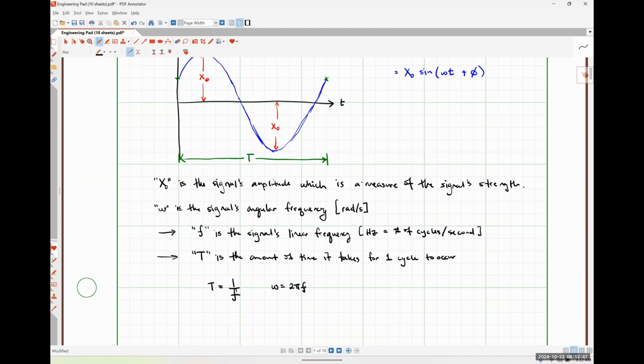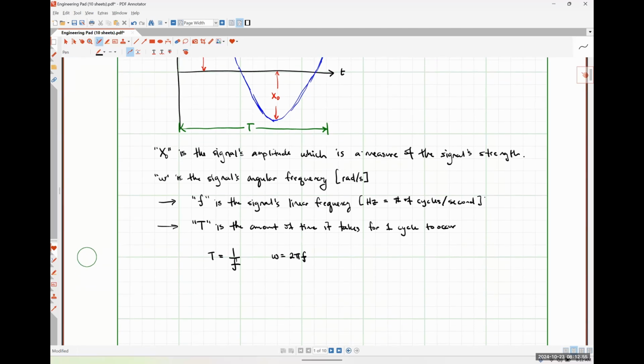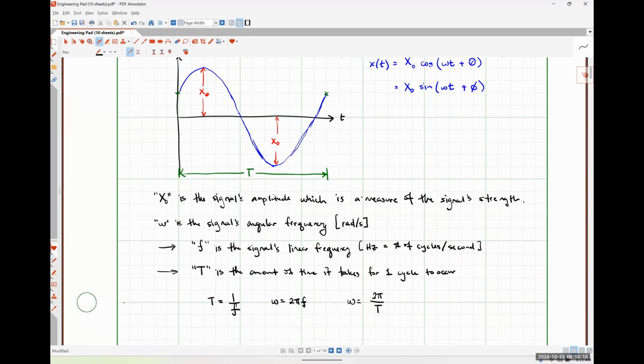So we just multiply that linear frequency by a factor of 2 pi to get our angular frequency. So we can play around with these relationships a little bit as well, and we could see that omega is equal to 2 pi over the period if we were interested in being able to determine our angular frequency just by looking at our graph.